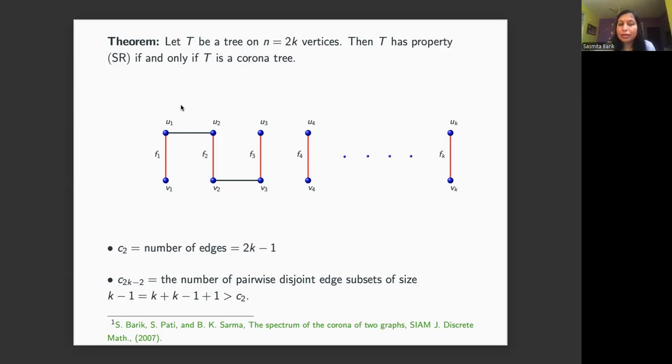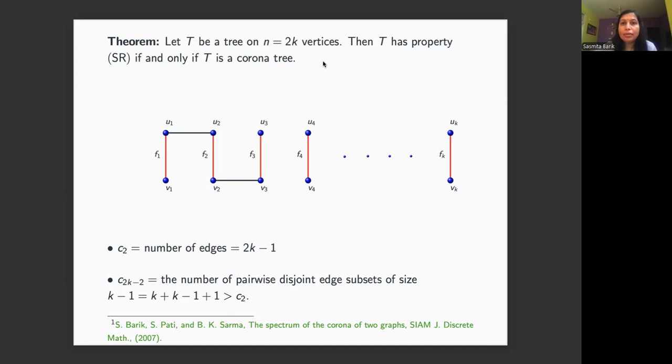Now I'm thinking that it's not a corona, so you will get some vertices, at least two vertices, which are without pendants. If every vertex has a pendant, then it's a corona. So I'm assuming it's not a corona, and I'll get a situation like this, with two vertices where there are no pendants. At least two, because the graph has an even number of vertices. So this kind of situation would be there.